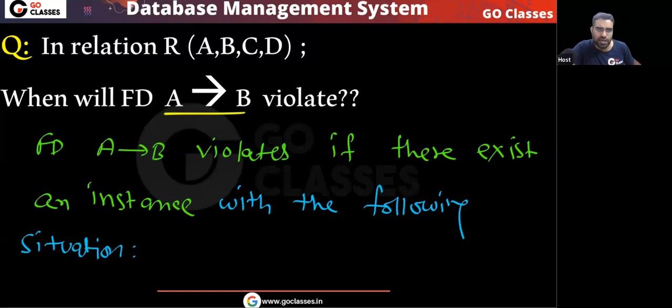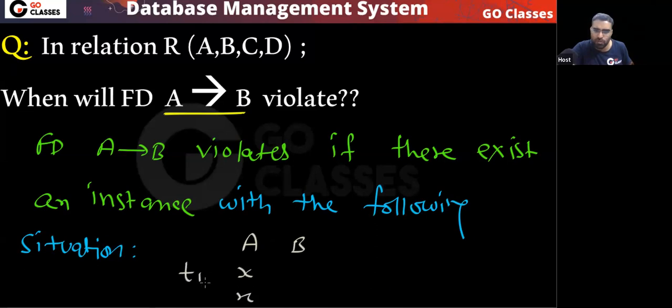You have A, you have B. Can you create this type of situation, that you have the same value for A in two tuples, but you have different values for B? Is this clear? Very simple.